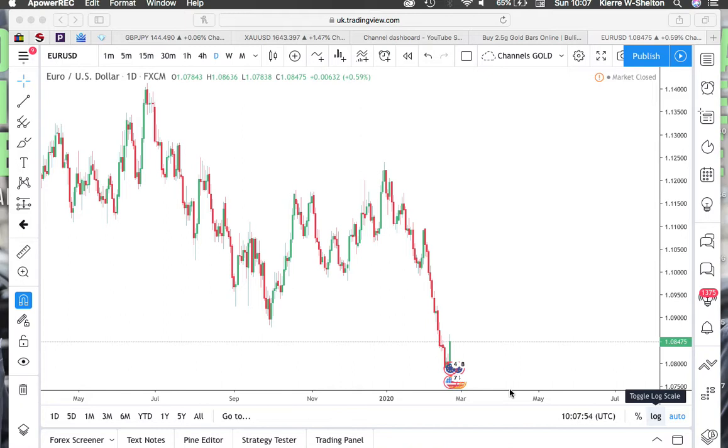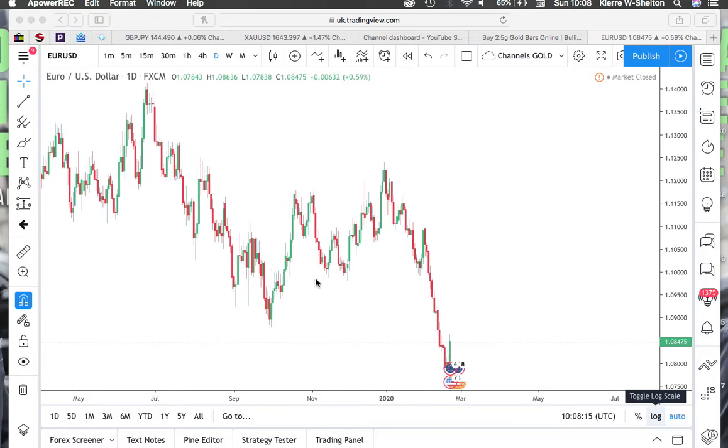But when it breaks out of the channel, you can see exactly where it's trying to go. I'll show you that in more detail now.